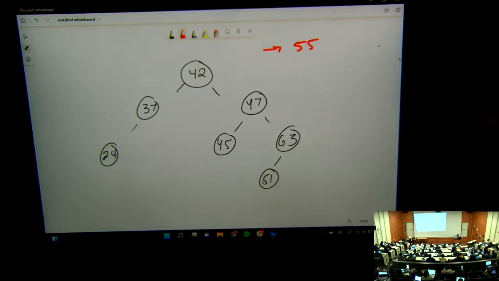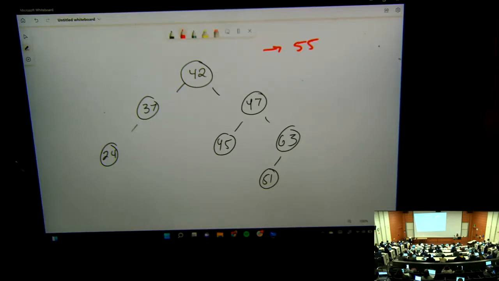So we have an AVL tree here, and we are told we need to insert the number 55. Now, the question read, what will be the parent of the 55 after insertion but before any rotations?